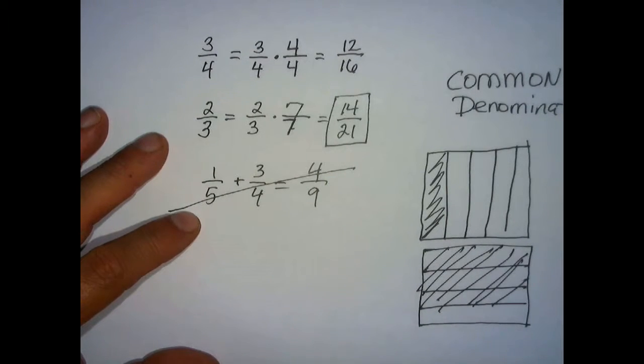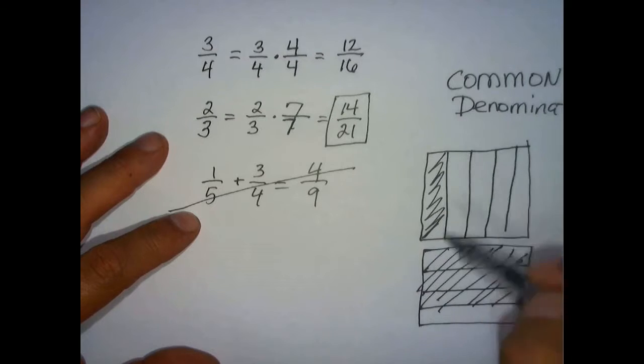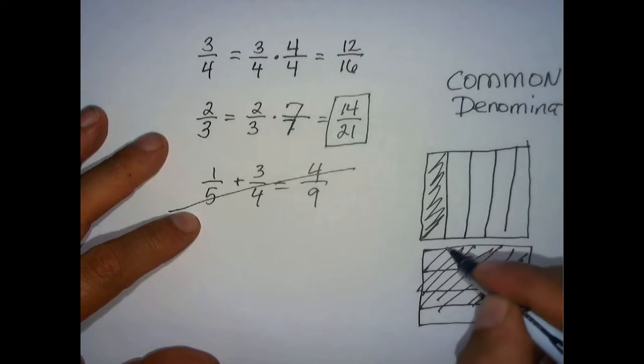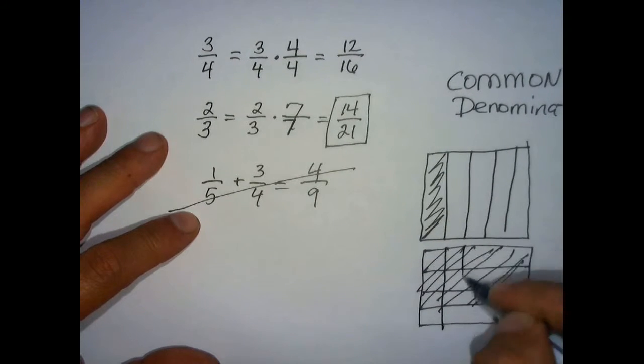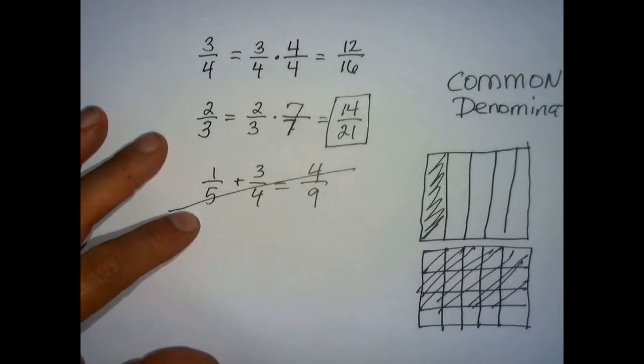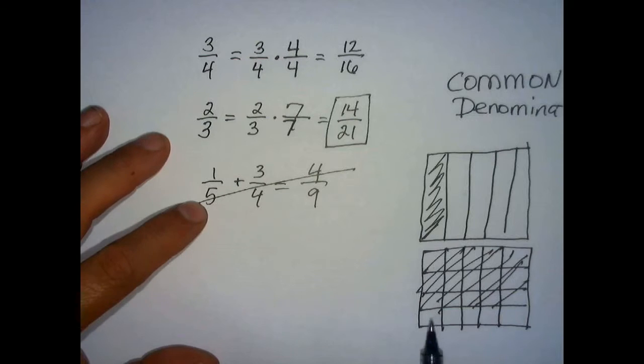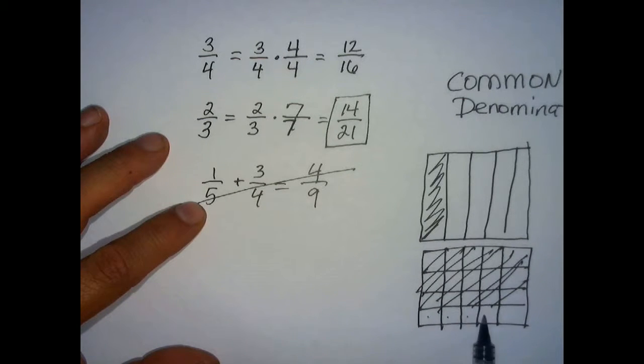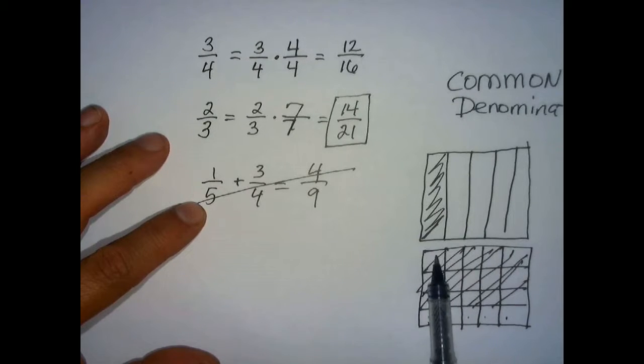So what we have to do, and I drew it like this on purpose, with the lines this way on the bottom and the lines this way on the top, because you can find the common denominator. What's the common denominator between 5 and 4? 20. Right. 5 times 4, 20. That's what you're doing.